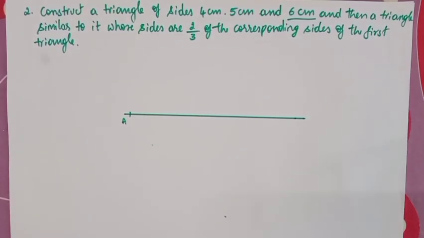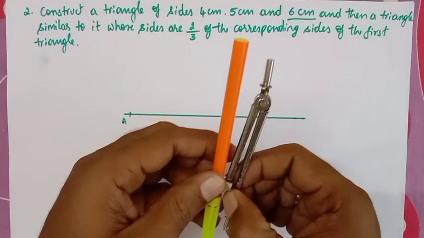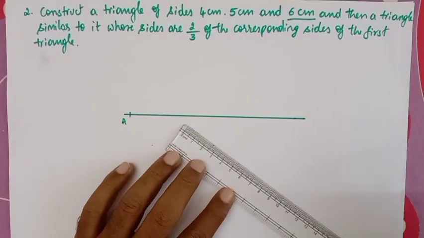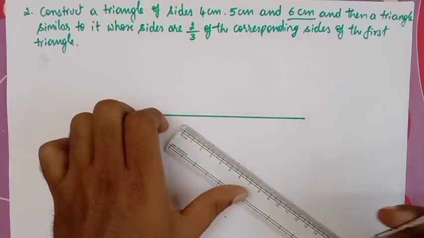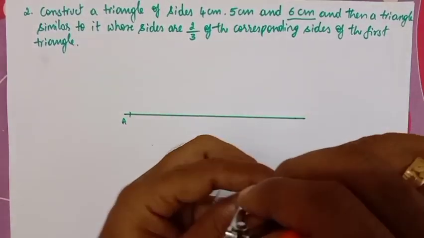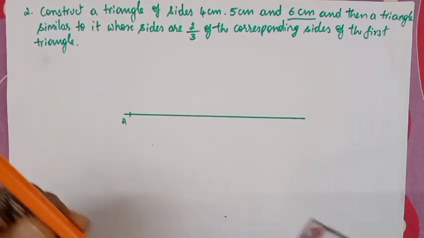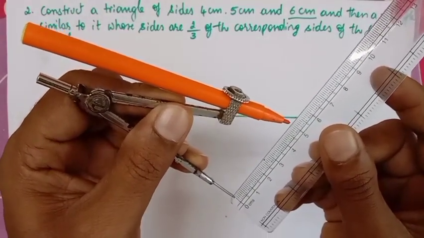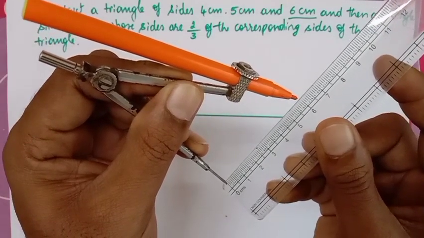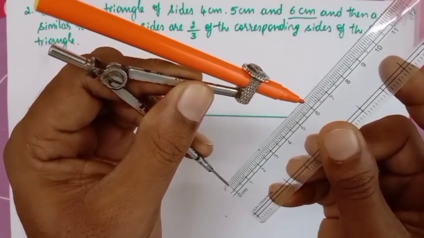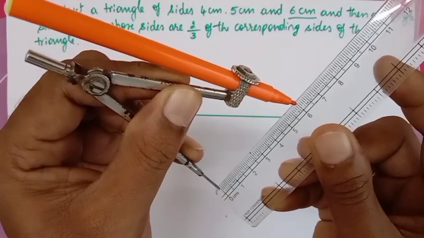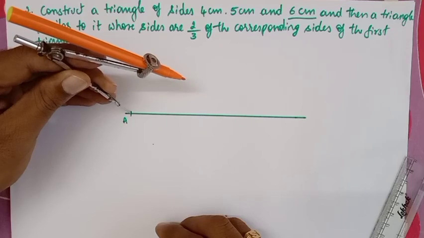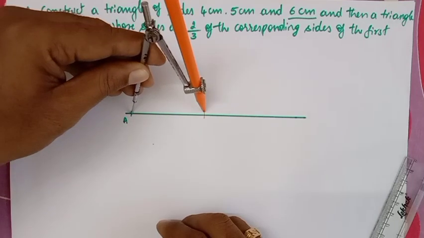And then let me take the compass and adjust it to 6 centimeter and cut the arc above the line.